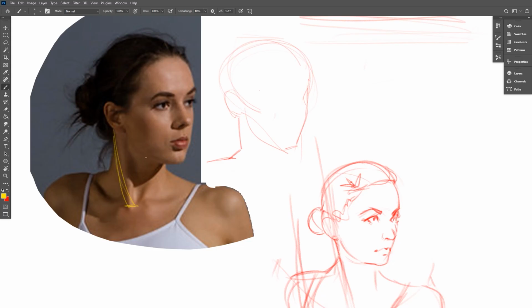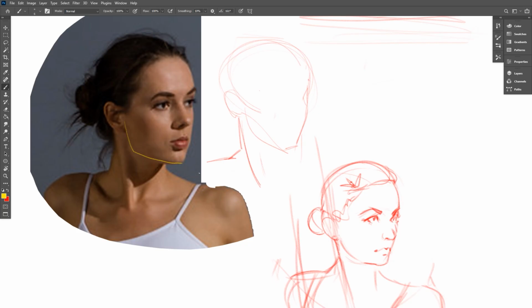connecting to the collarbone, to the middle of the chest, to the necktie. Then let's get the inside bit. What they do when they are drawing the chin here is they try to draw all this chin like this.